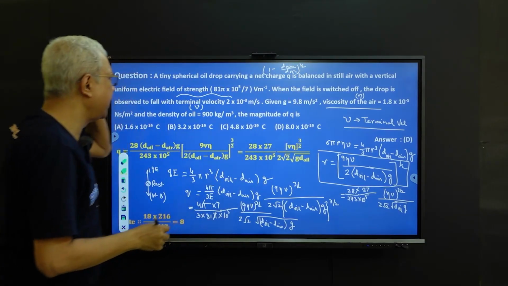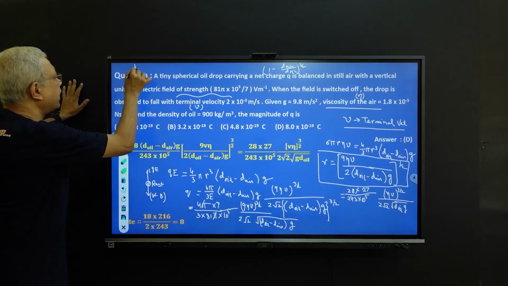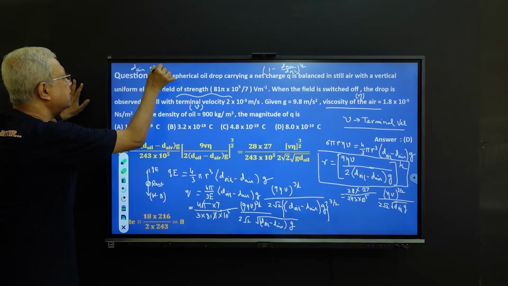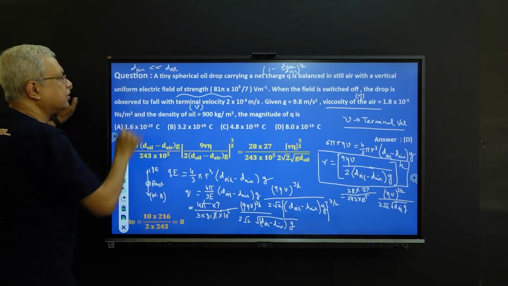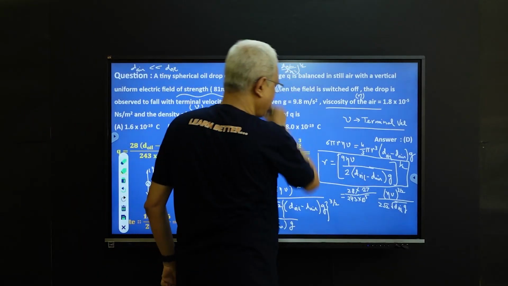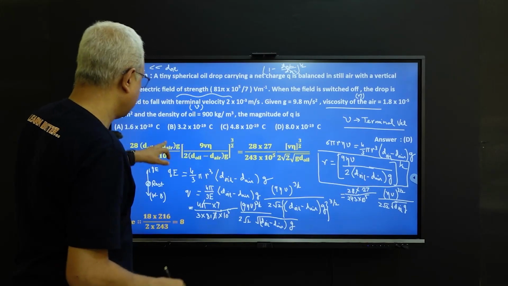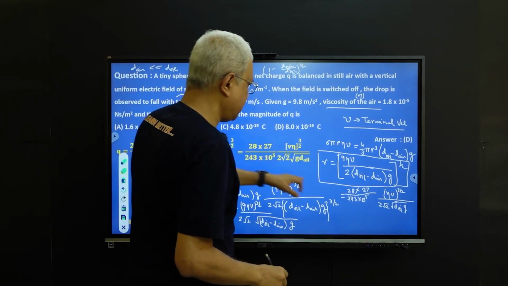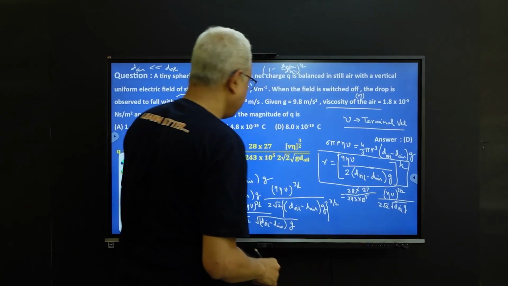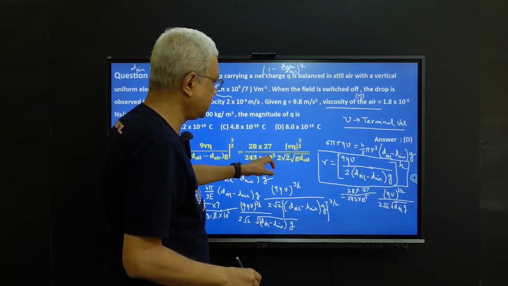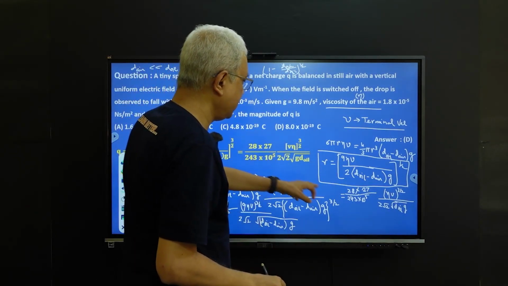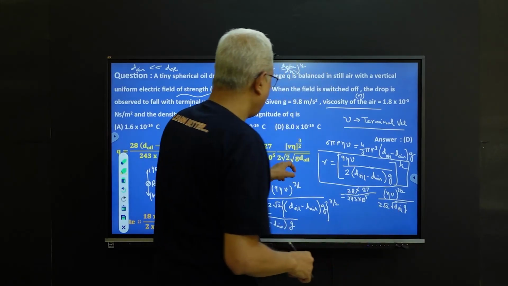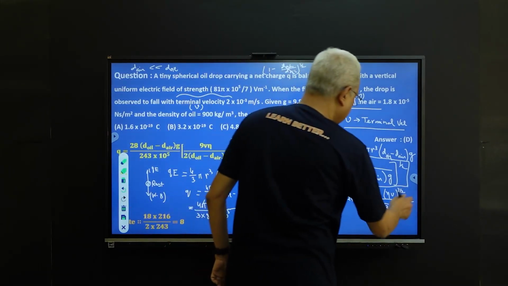Since d air, the density of air, is much less than the density of oil, I can neglect this term. So ultimately I get this expression: 28 into 27 into (eta V) whole to the power 3/2 by 243 to 10 to the power 5, 2 root 2 square root of G into d oil.